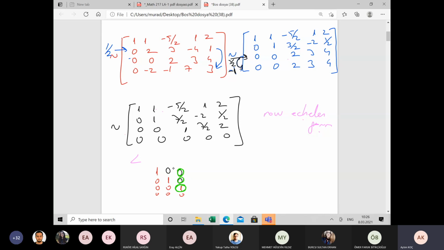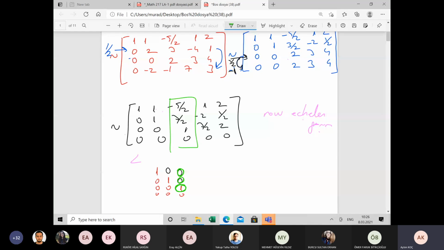Look at the last leading one, this one. Our aim is to get this one 0, this one 0. How to get 0? Using the leading one, of course. An operation: take this row, multiply by -3/2, add to the second row. And then our aim is to get 0 here.